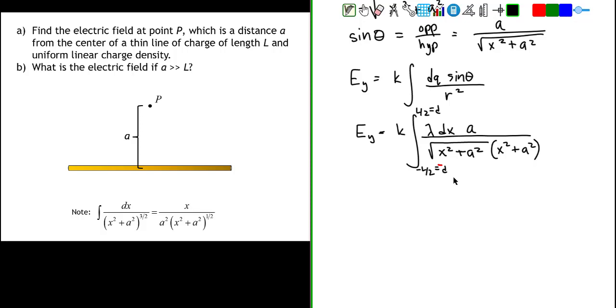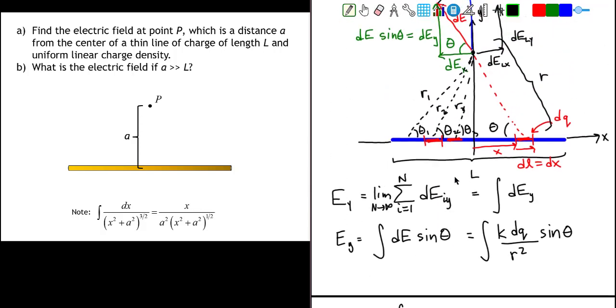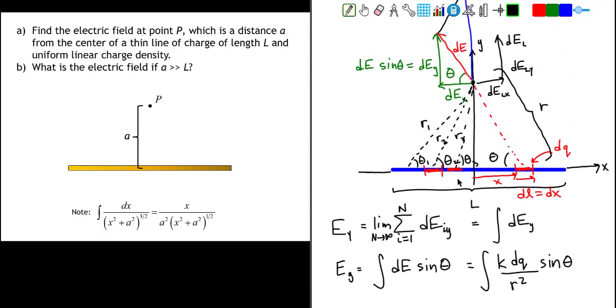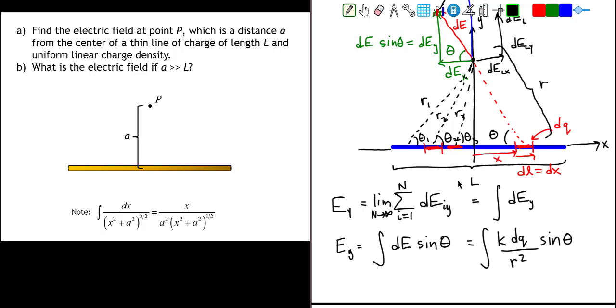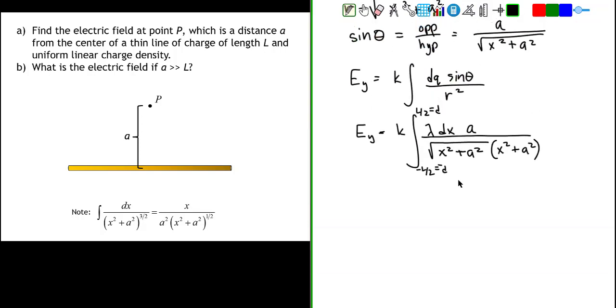Now we can also apply symmetry to the integral. Because remember, for every element on the right, we have a mirror element on the left. The integral is going to be symmetric. Since the integral is going to be symmetric, I could just multiply the integral by 2 and have the limits of integration go from 0 to L over 2.